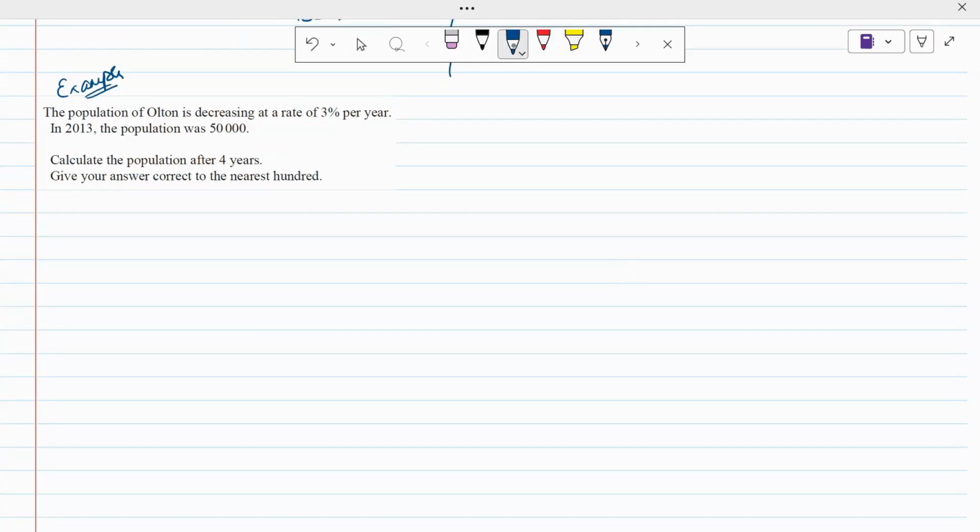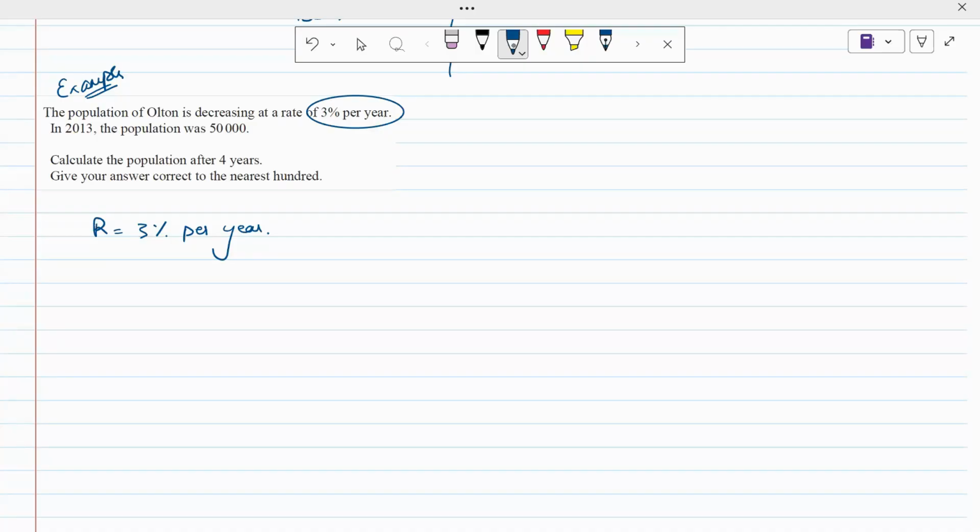The population of Orton is decreasing at a rate of 3% per year. Now we have the unit as per year, 3% per year. So we have the rate given as 3% per year, and it's the case of decrement. In 2013, the population was 50,000.